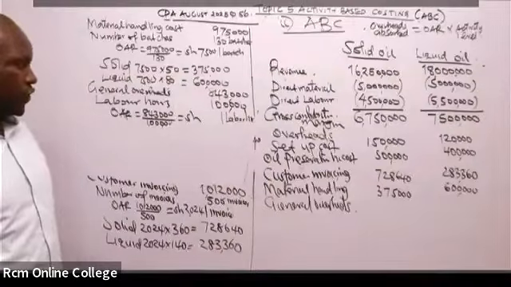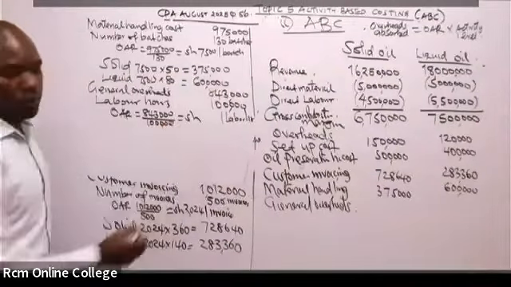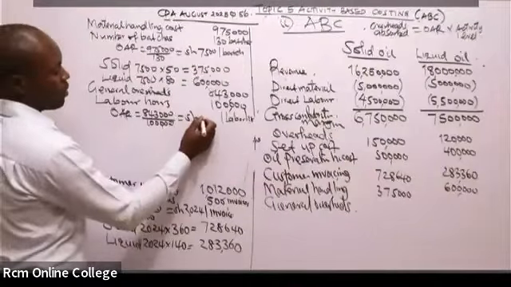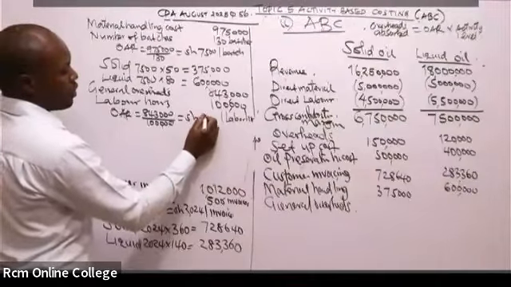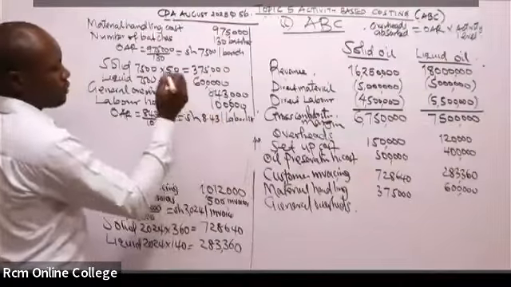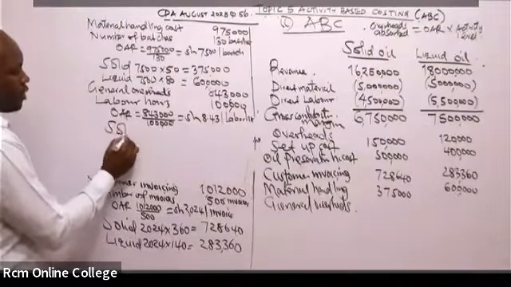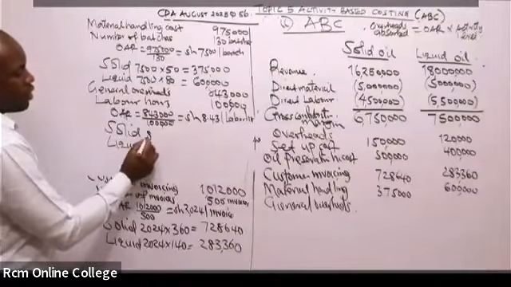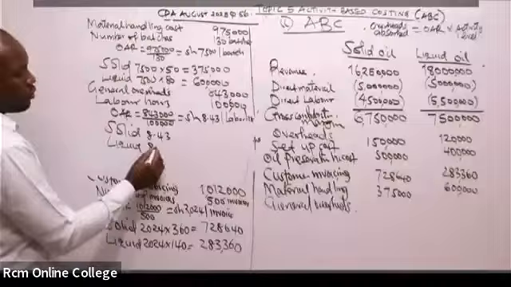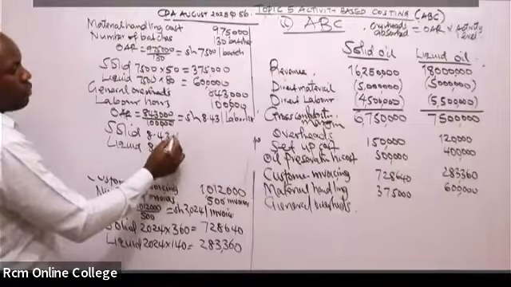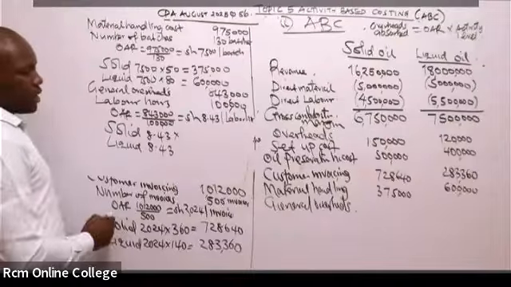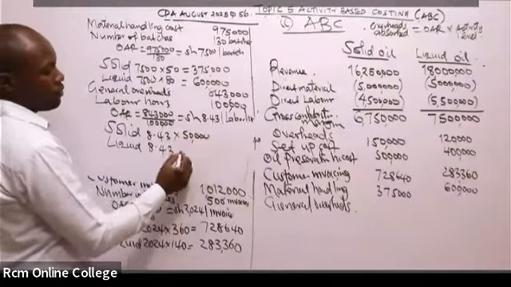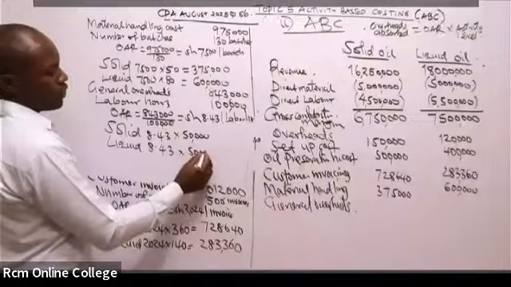How much is it per labor hour? 8.43. 8.43 shillings per direct labor hour. Can we get solid? Then we have liquid here. 8.43 multiplied by total labor hours 50,000.